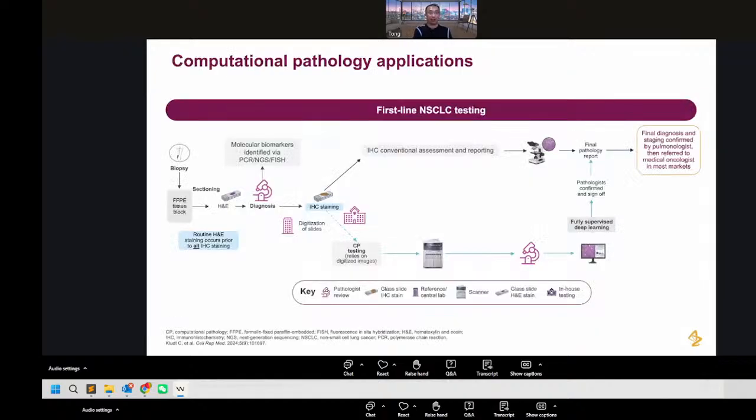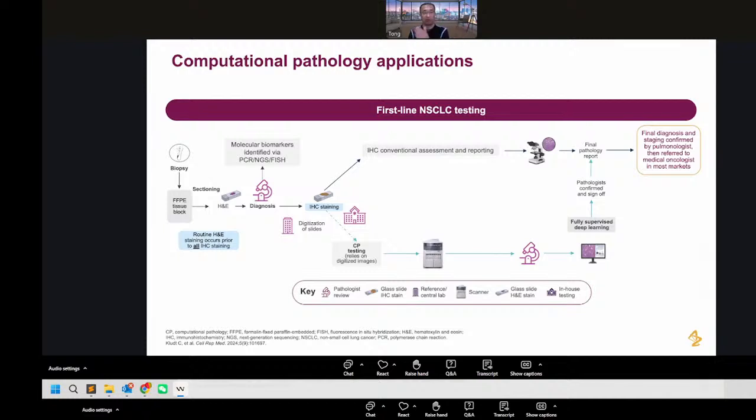Now going back to the clinical lab, or rather the anatomical pathology lab, right? Once you get the biopsy, you do fixation and embedding, and then you have an FFPE sample ready, put it on slides, do H&E staining, and then your diagnosis, right? This is the key part. I think earlier slides already mentioned the first three steps are the same, whether conventional or digital pathology.